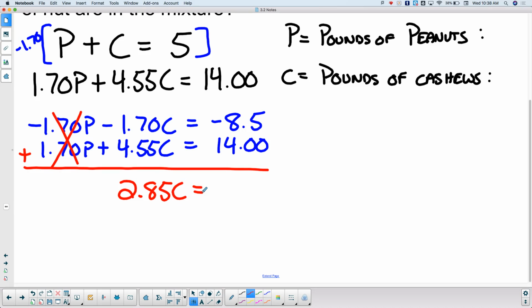Yes? No? Maybe? Yeah? Okay. 14 minus 8.5. 14 minus 8 is 6. Minus another 0.5 is 5.5. Okay. 5.5 divided by 2.85. What do we get for C here?